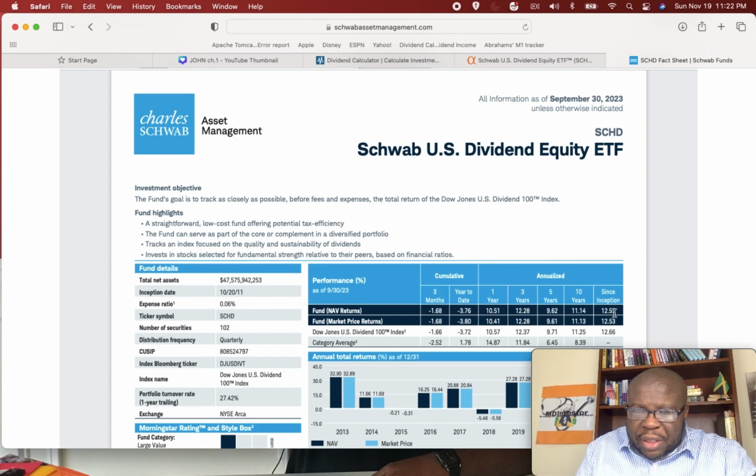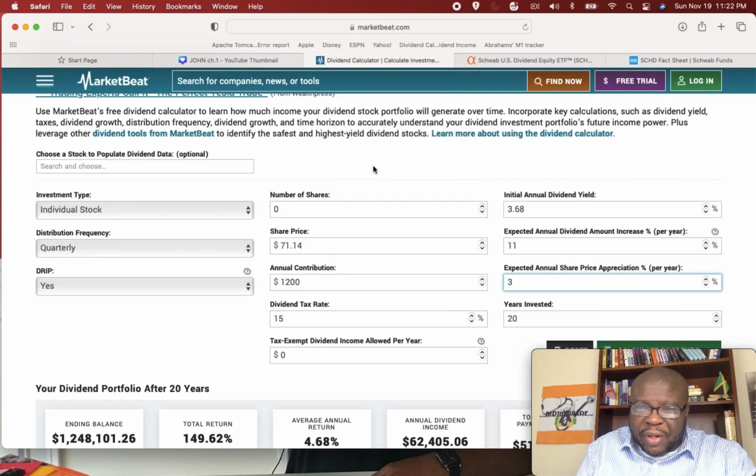Since inception, it has returned 12.53%. Whether that's going to continue, don't know. But let's use 12.53. So let's go back and we'll put 12% for expected annual share price appreciation.